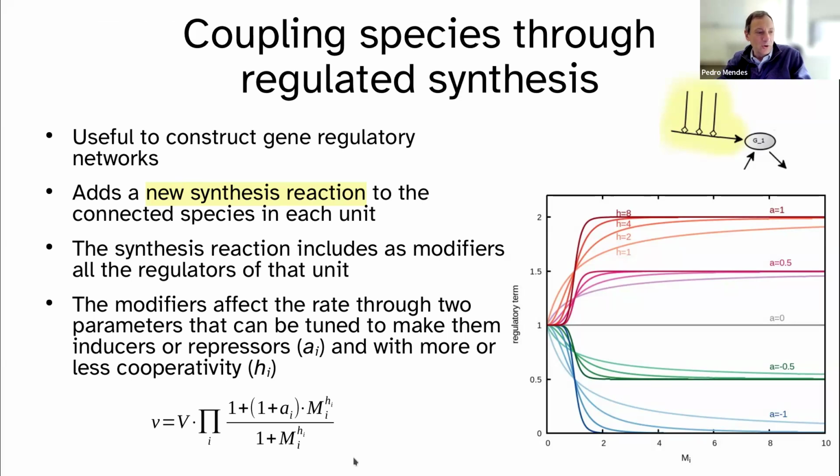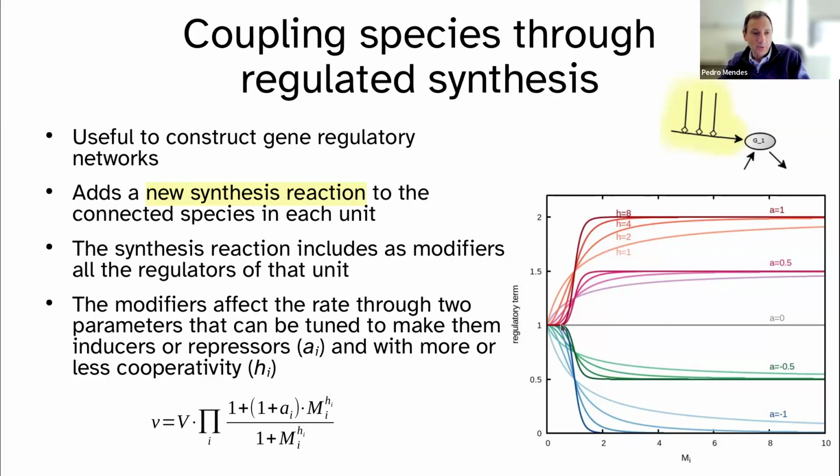And the regulation occurs according to this kinetic type, which is basically a multiplication of terms for each one of the controlling genes, the effector genes, the inducers or repressors. Each one of them has this equation, and depending on the value of this A parameter, it can be activatory or repressing. A can go from -1 to +1. If it is -1, it's fully inhibitory. If it's +1, it's fully activatory.